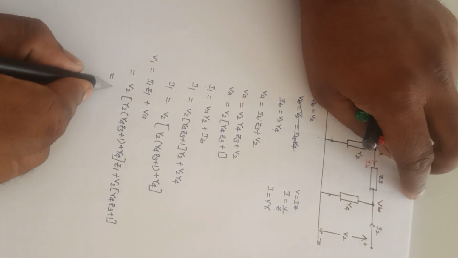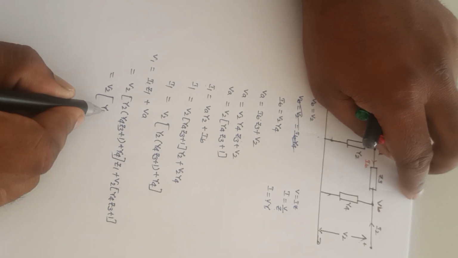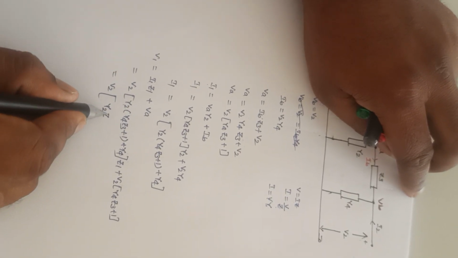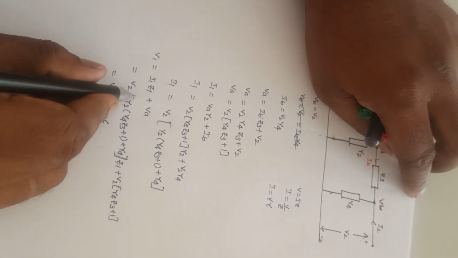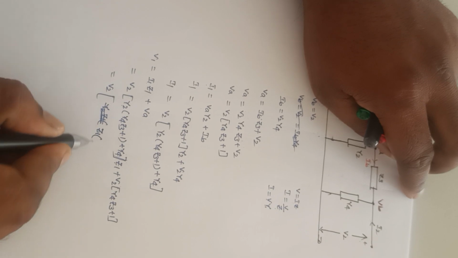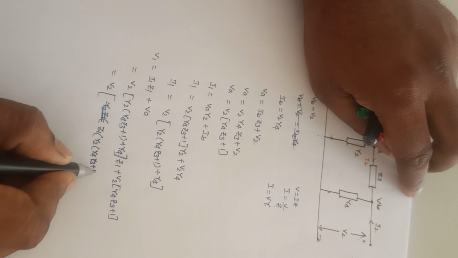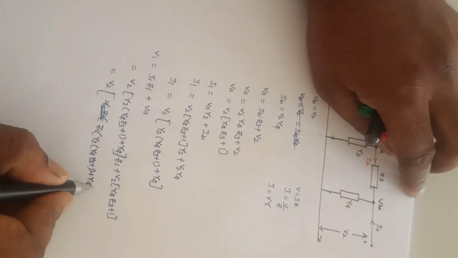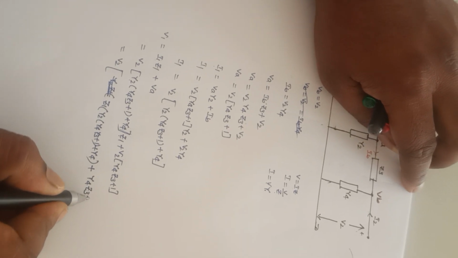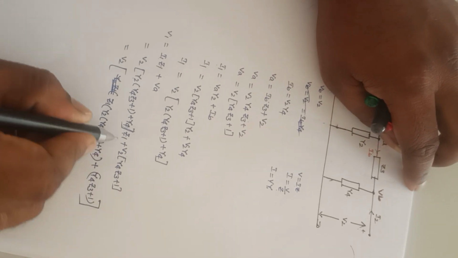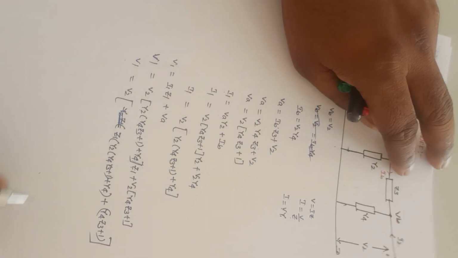If I take V2 common here, V1 is equal to V2 into Z1 into Y2 into Y4 Z3 plus 1 plus Y4, plus Y4 Z3 plus 1. I am just taking V2 as common. So I have provided the relation between V1 and V2.